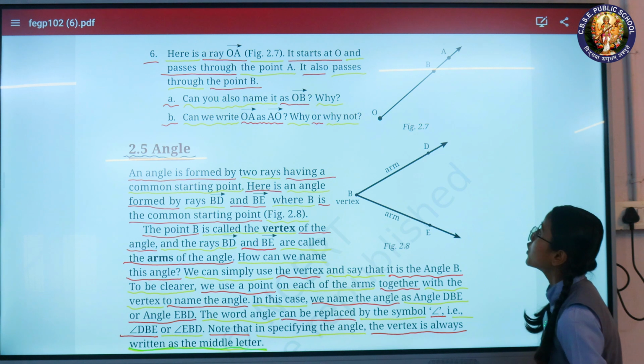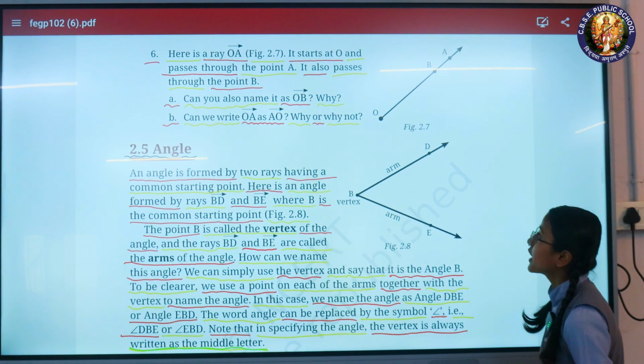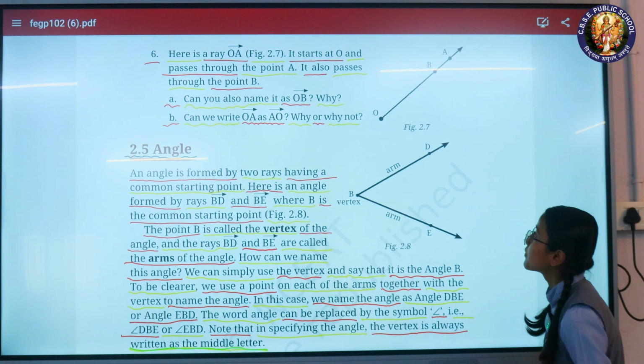It starts at O and passes through the point A. It also passes through the point B. A. Can you also name it as ray OB?